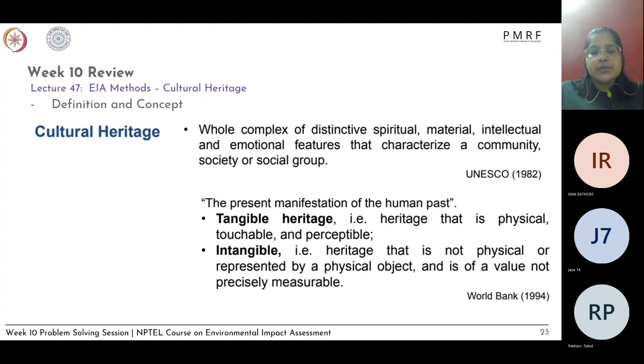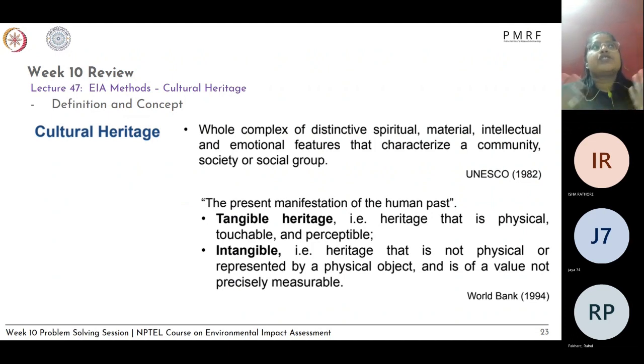So first is the tangible heritage, which is heritage that is physical, touchable, and perceptible. And the second is intangible heritage, which is heritage that is not physical or represented by a physical object and is of a value not precisely measurable. So tangible heritage includes things like monuments, artifacts, and other things which you can touch, which have a physical form and which are present.